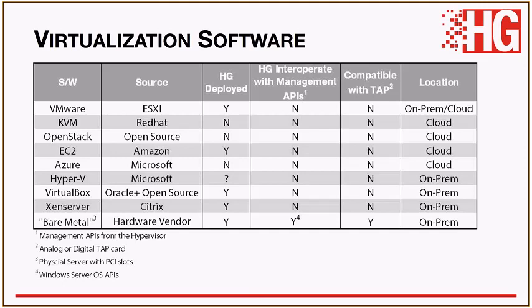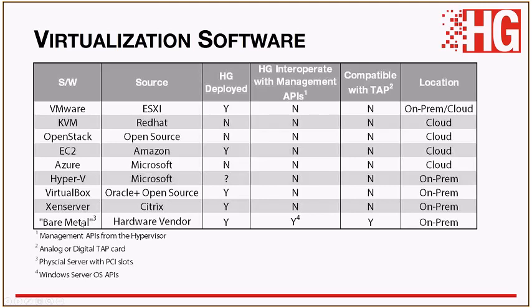We're not always clear because we don't necessarily have all the information that an IT department has put together. And then there's Xen Server and VirtualBox, as well as obviously bare metal, which is an on-prem environment.